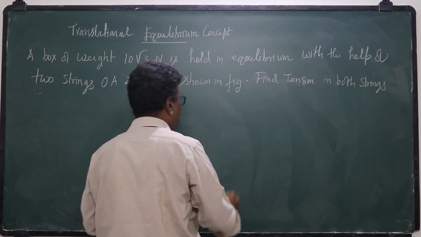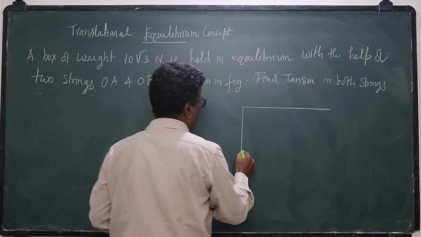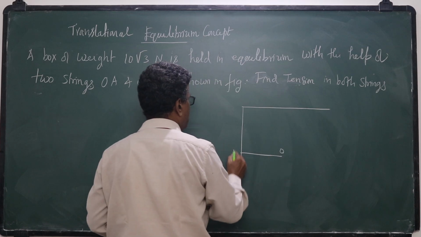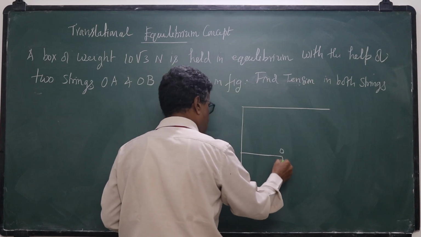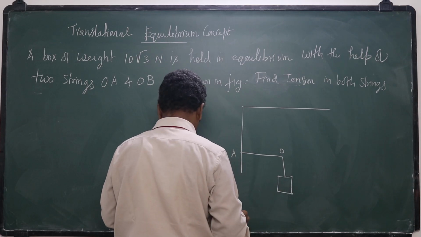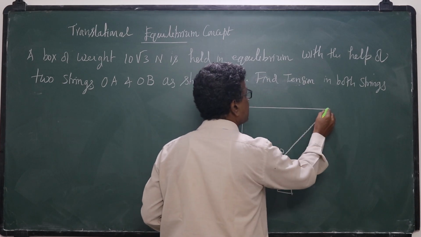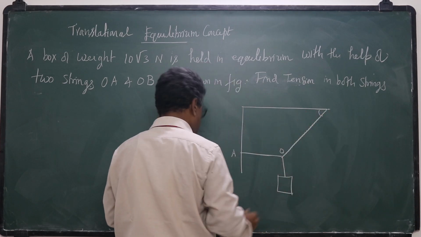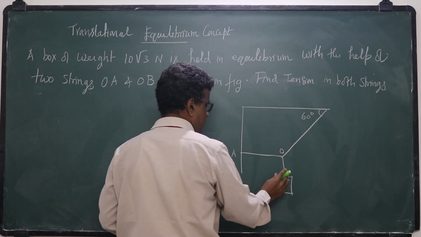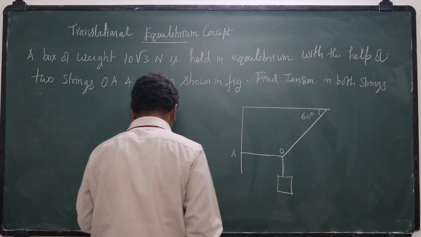Okay, I will show the diagram. The string OA is horizontal, and this is the box suspended, and the other string will be like this, which makes an angle of 60 degrees. So this is vertical. The box is suspended.